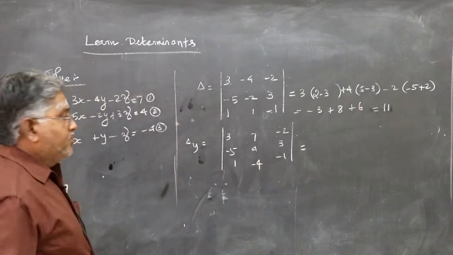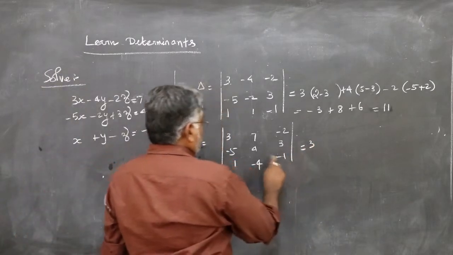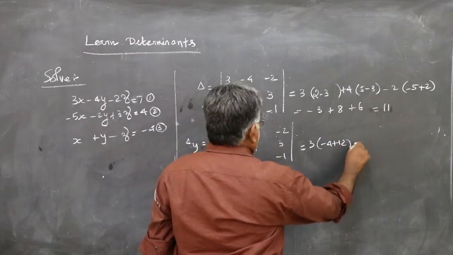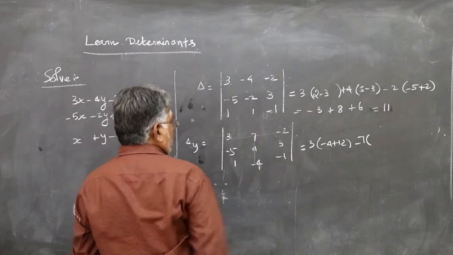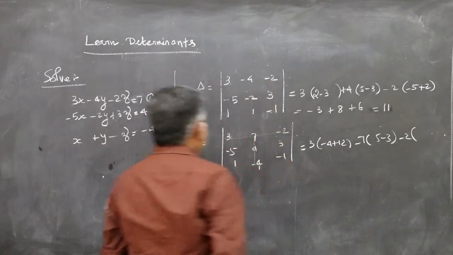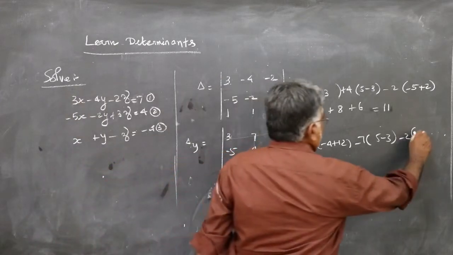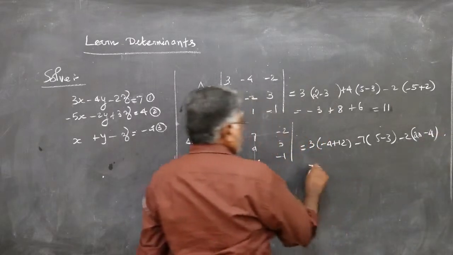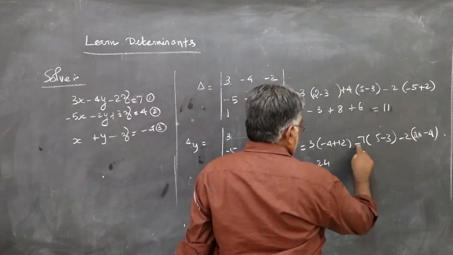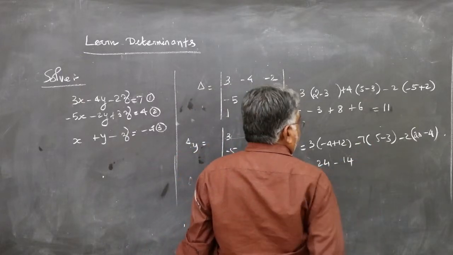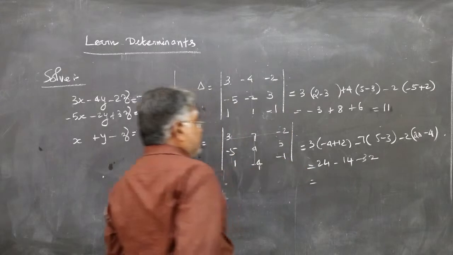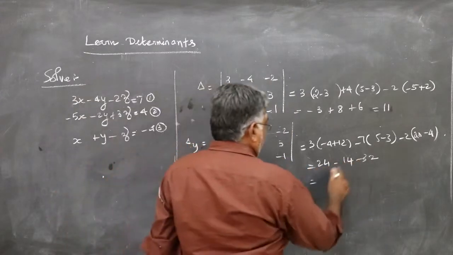Evaluate this. 3 into, forget about this column, this row, minus 4 plus 12, minus 7 into, this column, this row will go, 5 minus 3, minus 2 into 20 minus 4. So minus 4 plus 12 plus 8, 24 here, 2 minus 7, so minus 14, 16 minus 2, minus 32. Okay, plus 10, so minus 22 here.